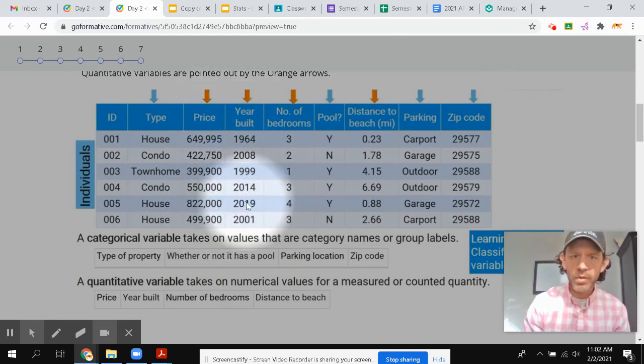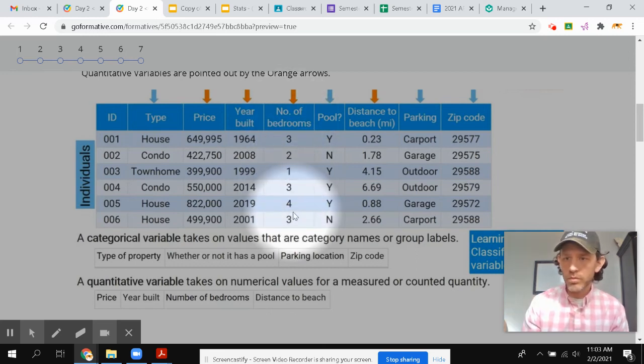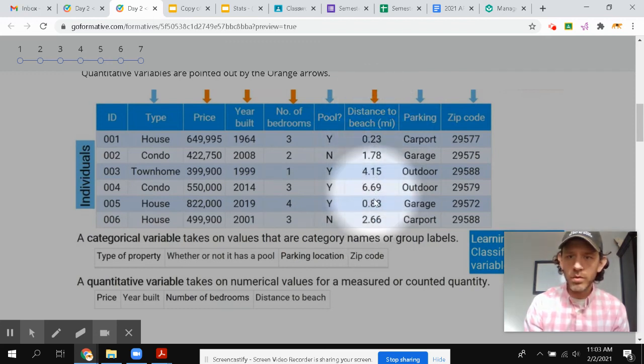The year that it's built, that goes in order, right? The years go up one by one, right? And then number of bedrooms, definitely counted, like 1, 2, 3, 4, 5, you know. And then distance is also something that's counted in numeric form. Okay, so that's why those are considered quantitative.